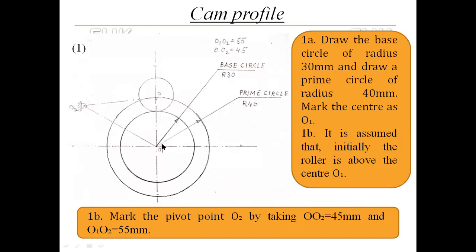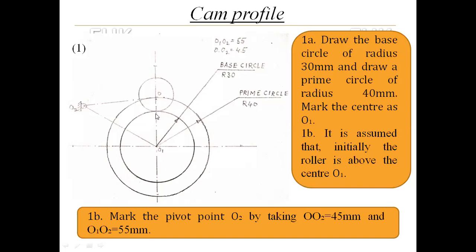in case of a roller follower. Then with O1 as center and O1O as radius, I will draw another concentric circle, which is the prime circle. The radius will become 40 mm here. That radius of the prime circle is not directly given in the problem statement, but the radius of the roller is given.